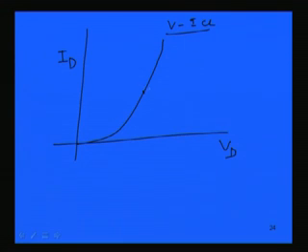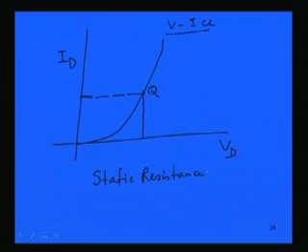Suppose I have voltage applied across the diode and the current through the diode given by a particular point Q, then you will be finding out the resistance which is known as static resistance, or DC resistance. So, static resistance is given by the ratio between the voltage and current at that particular point Q where you are operating.